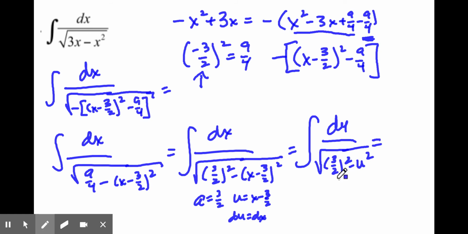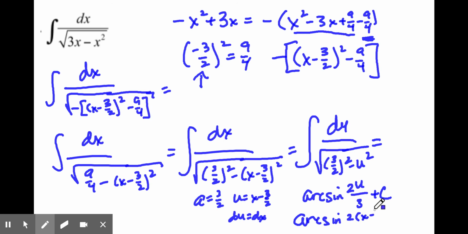And this is an arcsine problem. So this is going to be arcsine of u over 3/2, which is really going to be 2/3, plus c, only because I'm running out of room. So this is arcsine of 2 times x minus 3/2 over 3, plus c. And there is your correct answer.